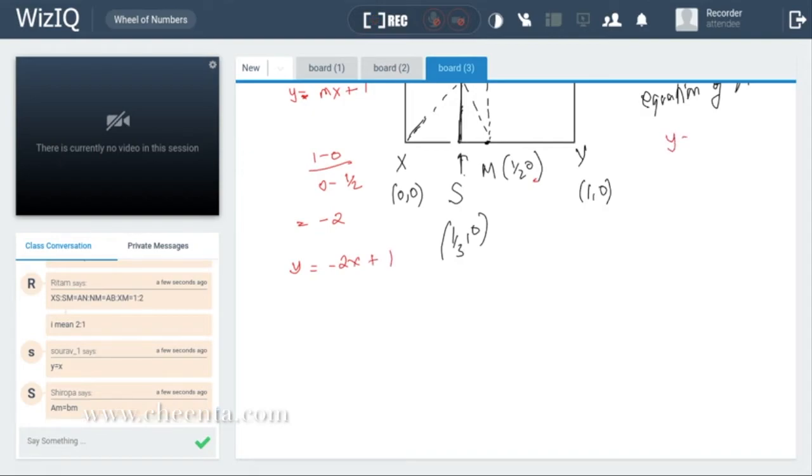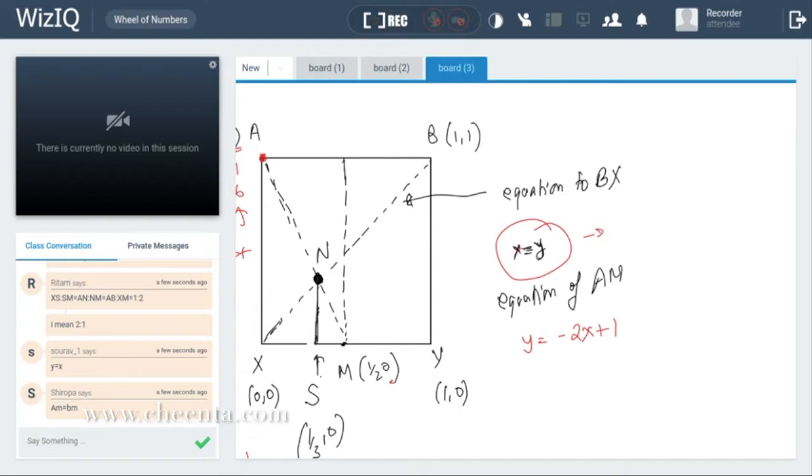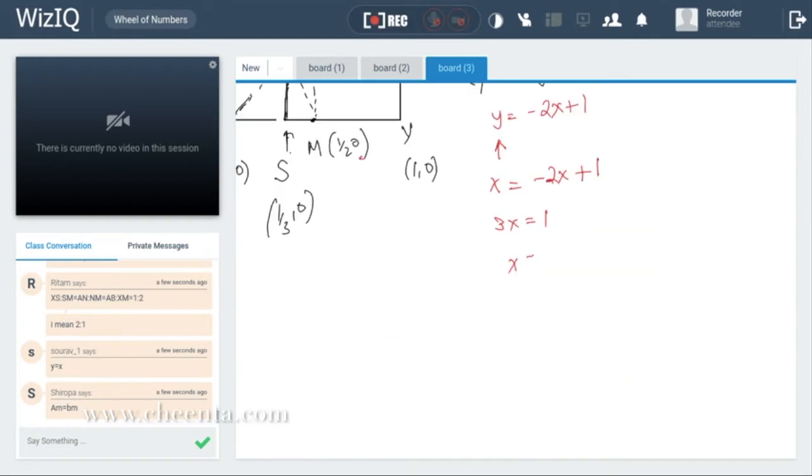So you have two equations, y equals negative 2x plus 1, and y equals x. So we want to solve these two equations. Let's plug in y equal to x. So x equals negative 2x plus 1, which is 3x equals 1, which is x equals 1/3.